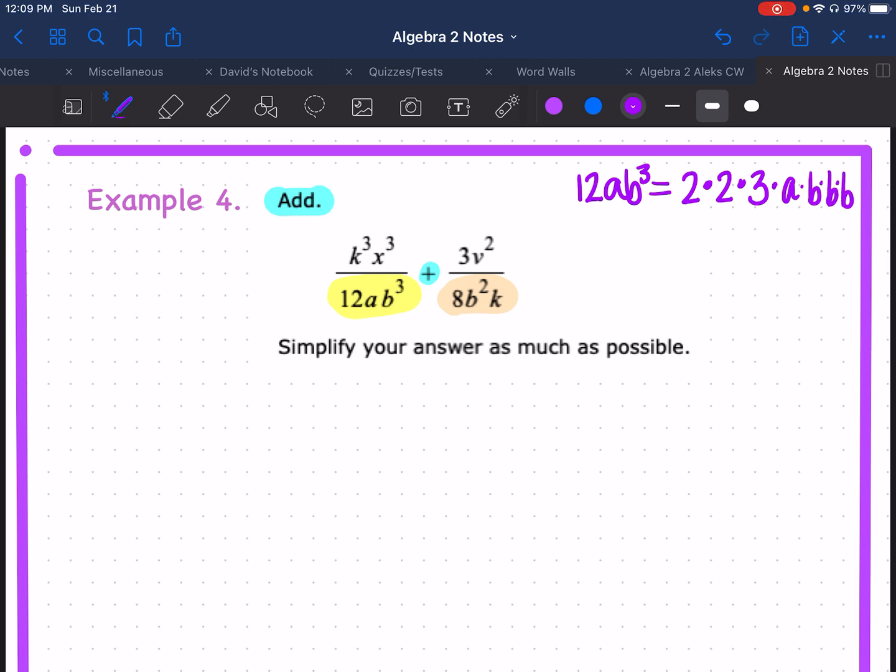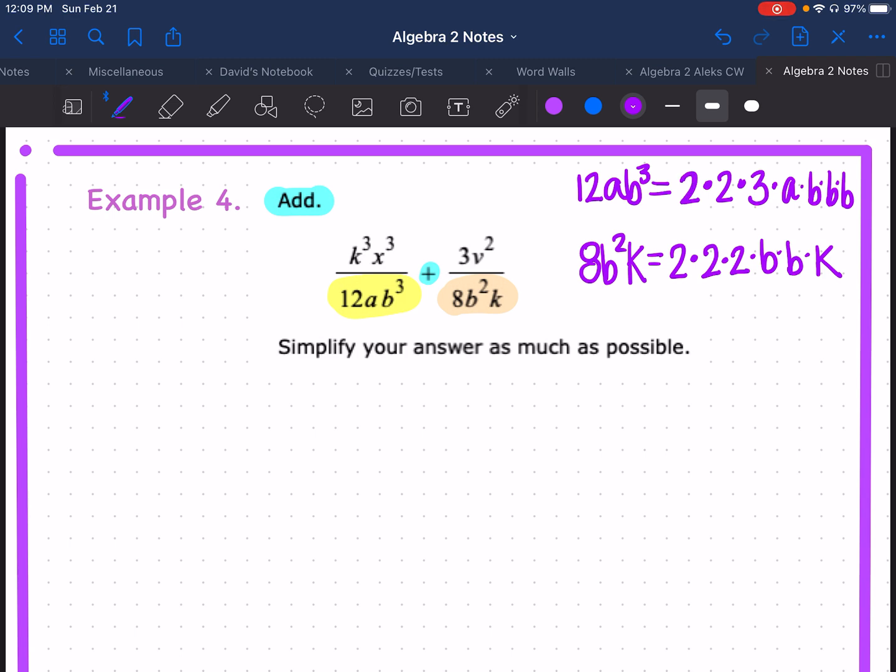Okay, let's think of 8, and then we'll worry about the variables. So 8 I can think of as 2 times 4, and 4 I can think of as 2 times 2. Then I would have 2 b's, and I would have a k. All right, I need to look at what they have in common.